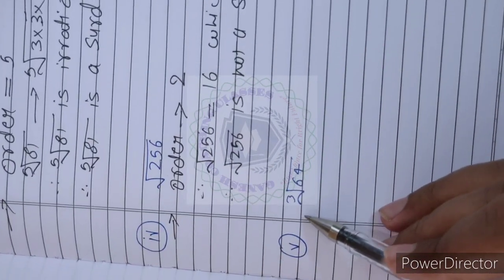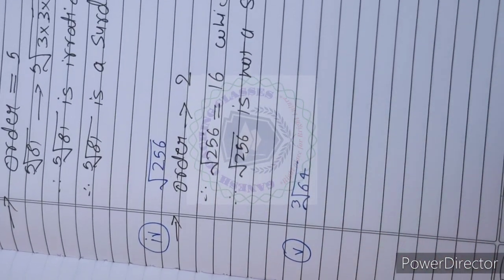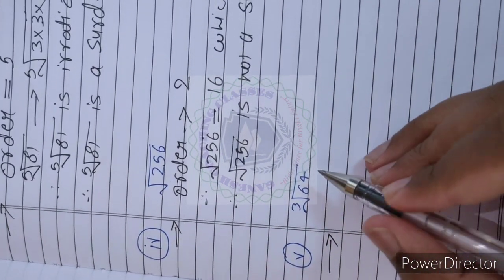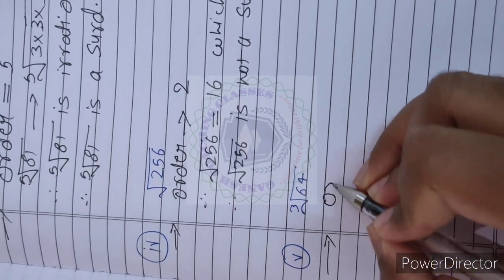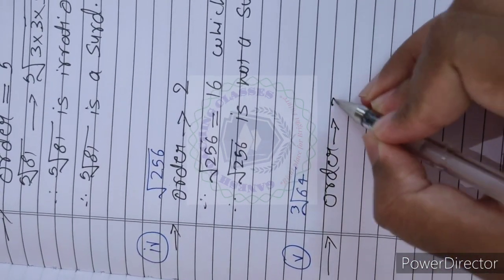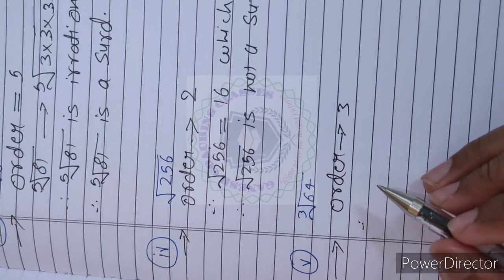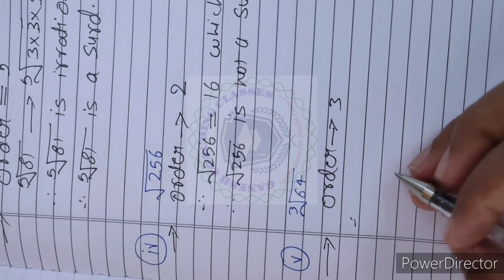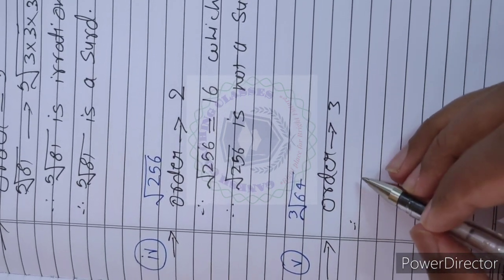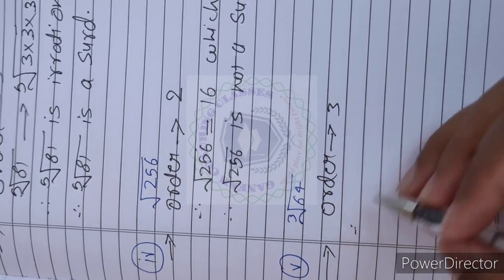Okay, let's do the next one. What is given here? Cube root of 64. So here first of all we will write the order. Here the order is 3. And 64 can be written as a multiple of 4, that is 3 times. 4 4s are 16, and 16 4s are 64.